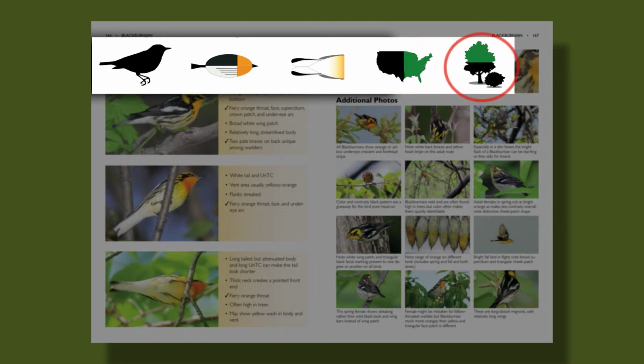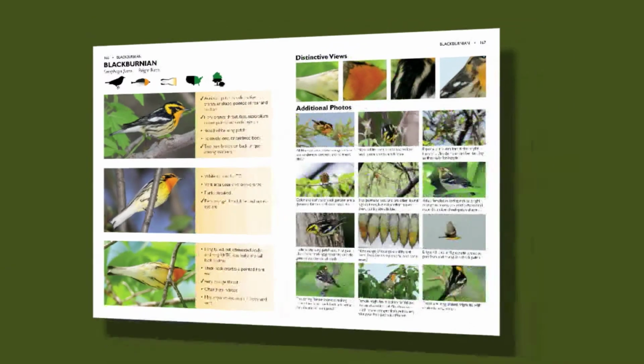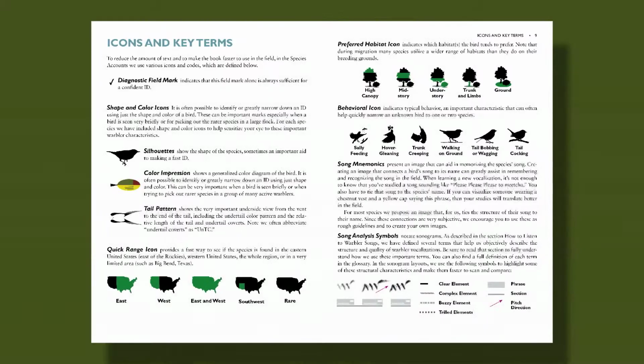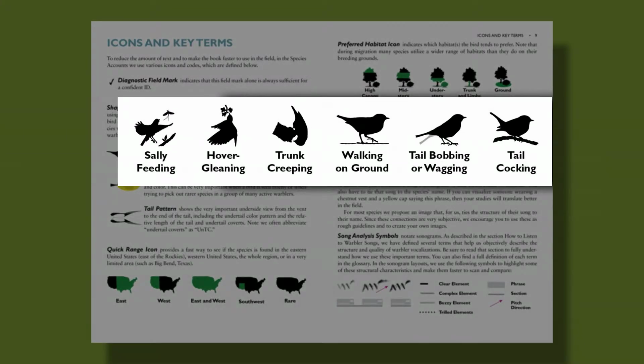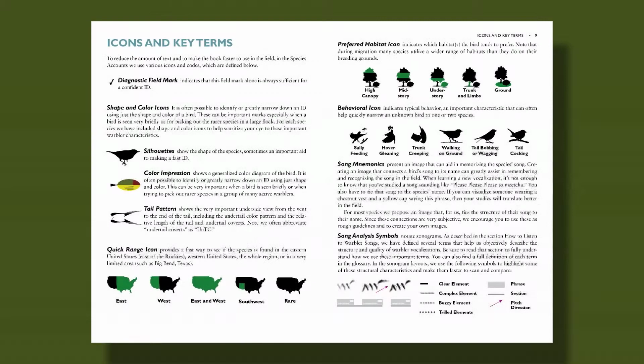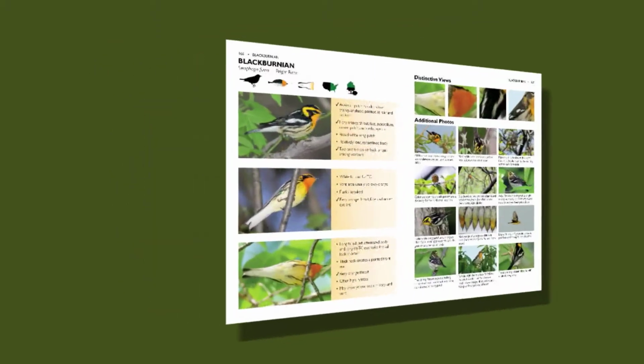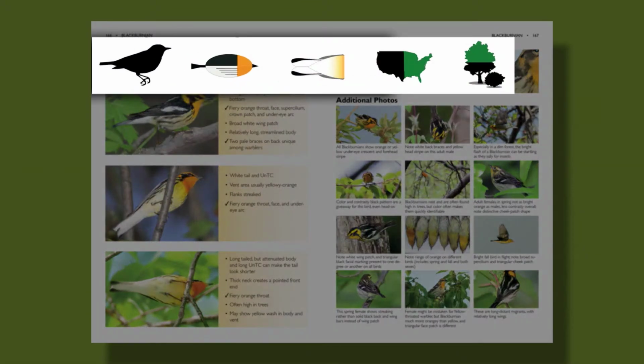A habitat icon shows which part of the canopy this bird is typically found, in this case high up in the canopy, and a behavior icon identifies special behaviors the bird might exhibit, which could help with an ID. For example, if the bird chronically pumps its tail or if it creeps along a tree trunk. Another useful icon is the color impression icon, which gives you a general map of the bird's color pattern, and this can be especially useful when you only get a quick or partial glance of a warbler.